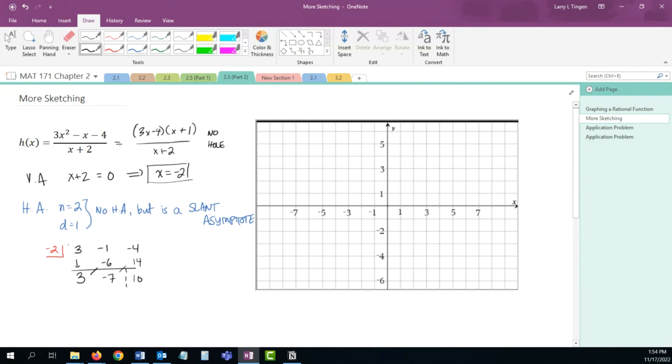So that tells me what? This was a quadratic or second degree polynomial. I divided it by a first degree polynomial. So that means my slant asymptote is 3x minus 7. Where is that graphed? Okay, well that's a line. So when x is 0, y is -7.